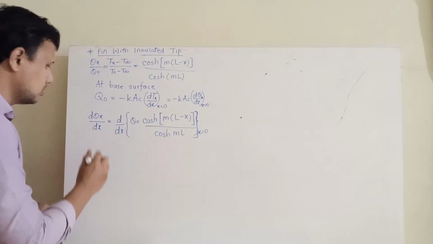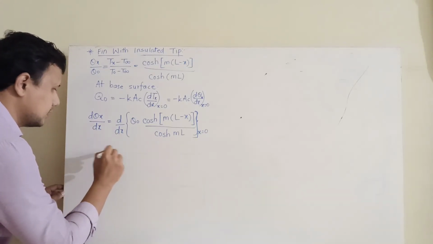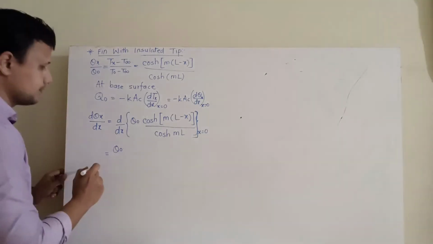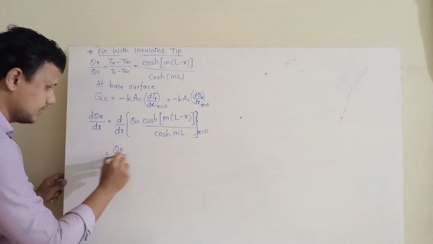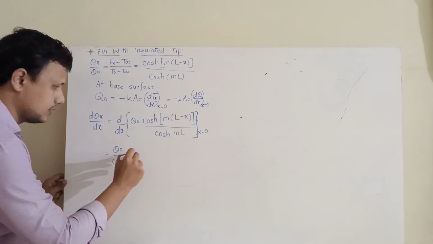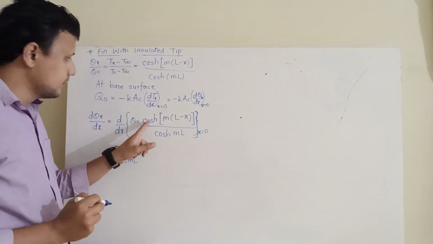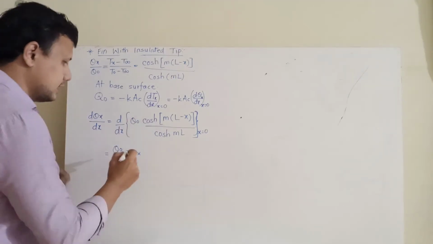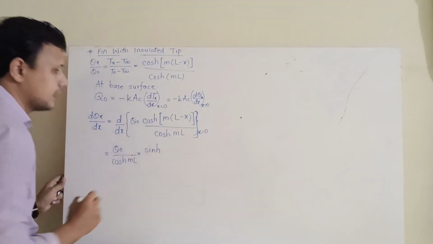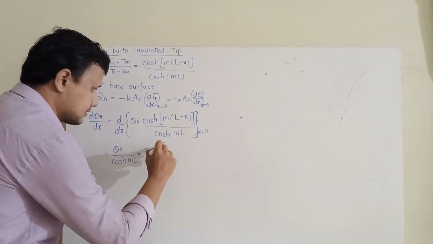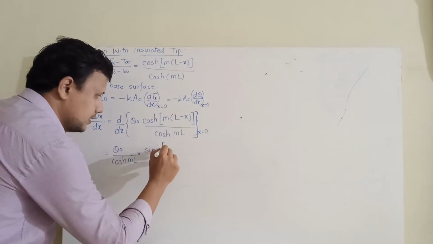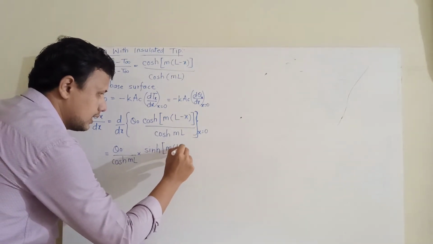So we can write that it is equal to θ0 divided by cosh of mL multiplied by the differentiation of cosh, which is sinh, positive, remember it is not negative, sinh of m(L minus x).